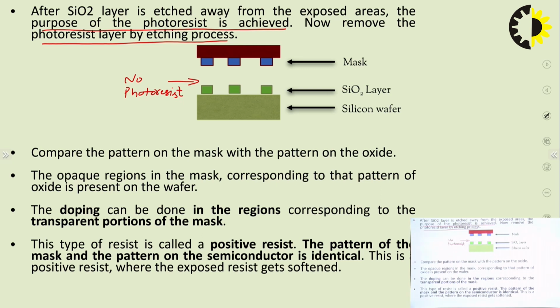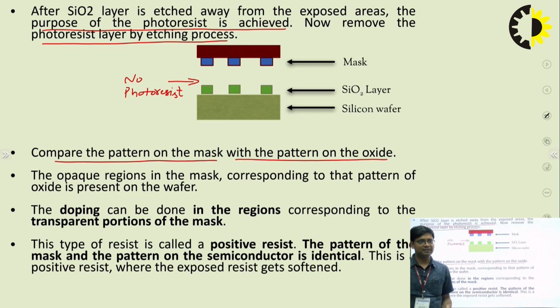Now, we can compare the pattern on the mask with the pattern on the silicon dioxide layer. The opaque region in the mask corresponds to that pattern of the oxide. And now, the reason we are doing this lithography process is for doping.